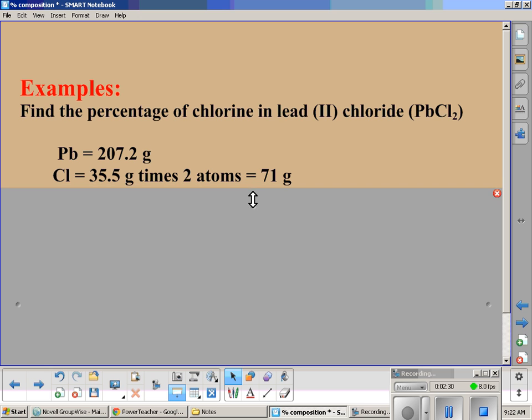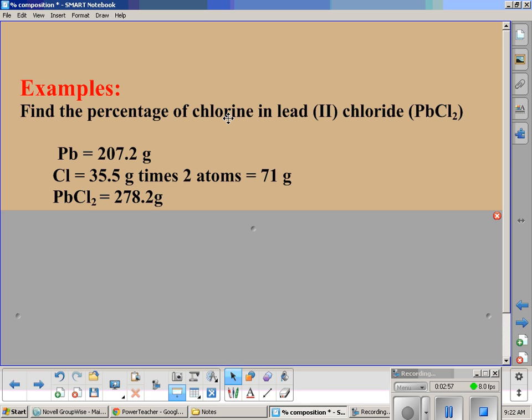And each chlorine atom has a mass of about 35.5 grams. Now we have to multiply that by 2 because there are 2 chlorine atoms in here. So we've got the part that's lead, the part that's chlorine. We add those together and we have the molar mass, or in other words, how much one molecule of lead(II) chloride is. It's 278.2 grams.